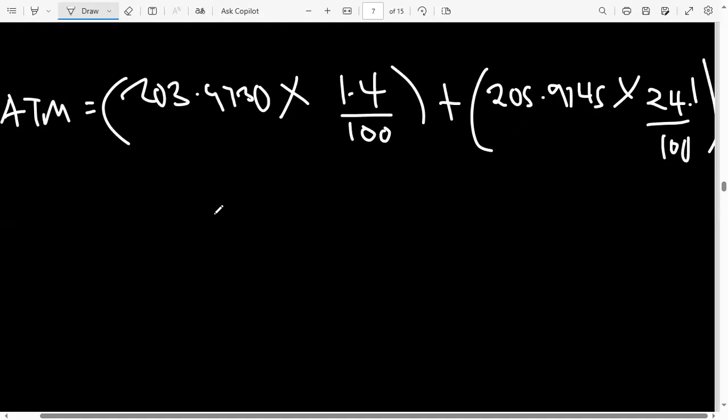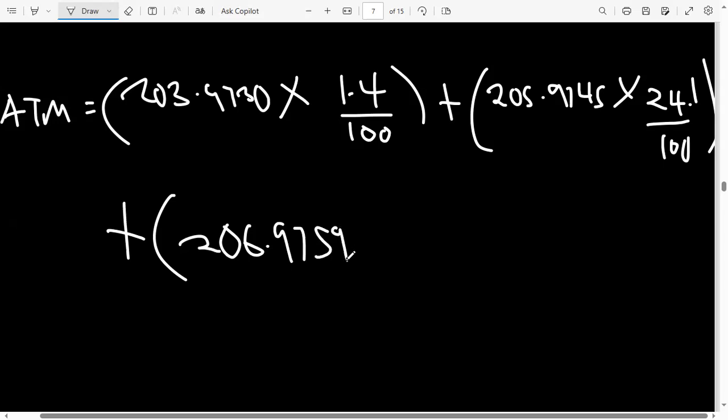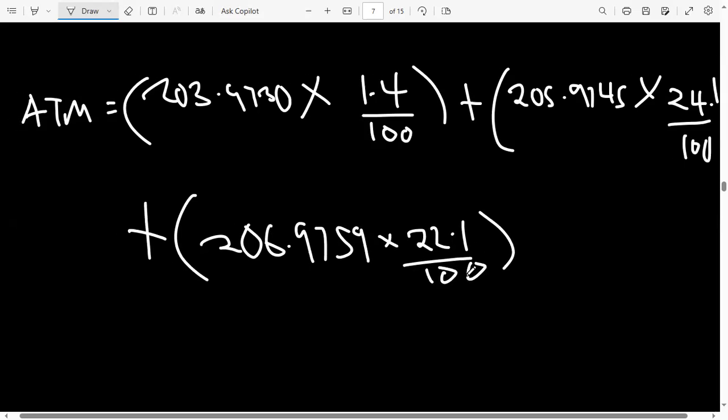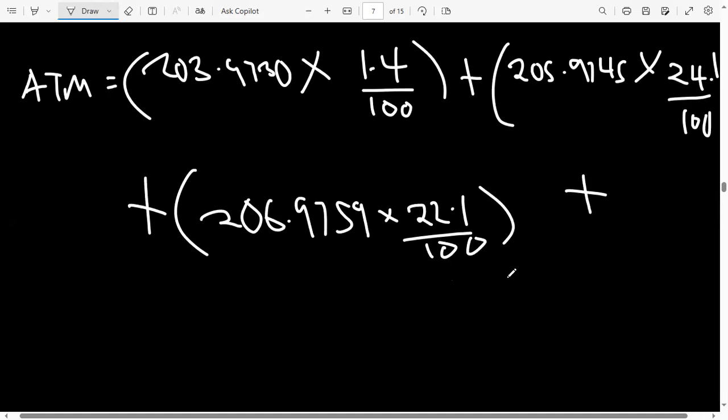And then from there I also say plus. The third one was 206.9759, multiplied by the percent here, which was 22.1 divided by 100. And then I say plus the last one.